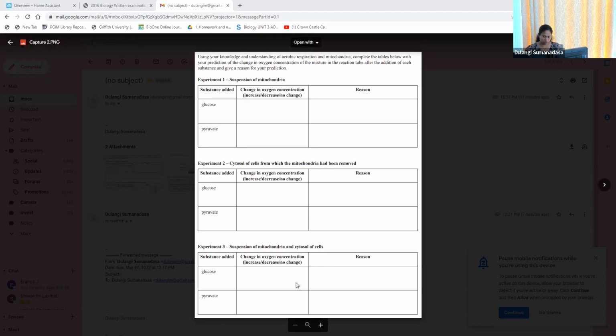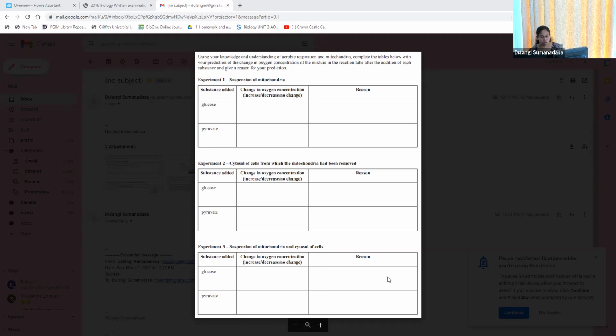The glucose, so I'm doing experiment 3 glucose. The reason is because the cytosol is available, glucose will become pyruvate. But that pyruvate is going to be used in the Krebs cycle, using oxygen to further break down until carbon dioxide.